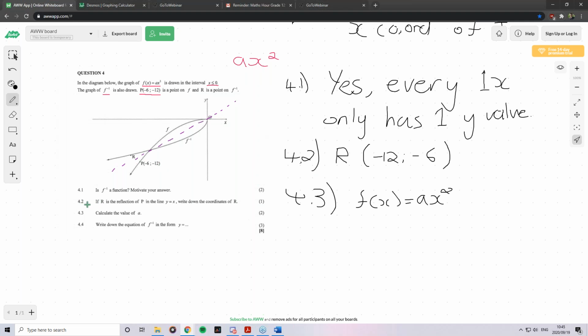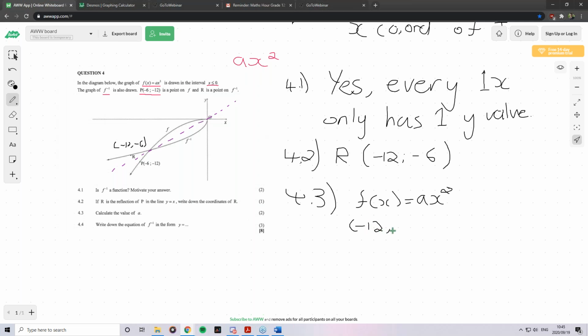We've just calculated in 4.2 that R is the point minus 12, minus 6. There's not much else we can really note. We know that 0, 0 also passes the point, the origin. So this is just checking what information we have and trying to substitute in. Because there's really only one unknown here, you just sub in a value.